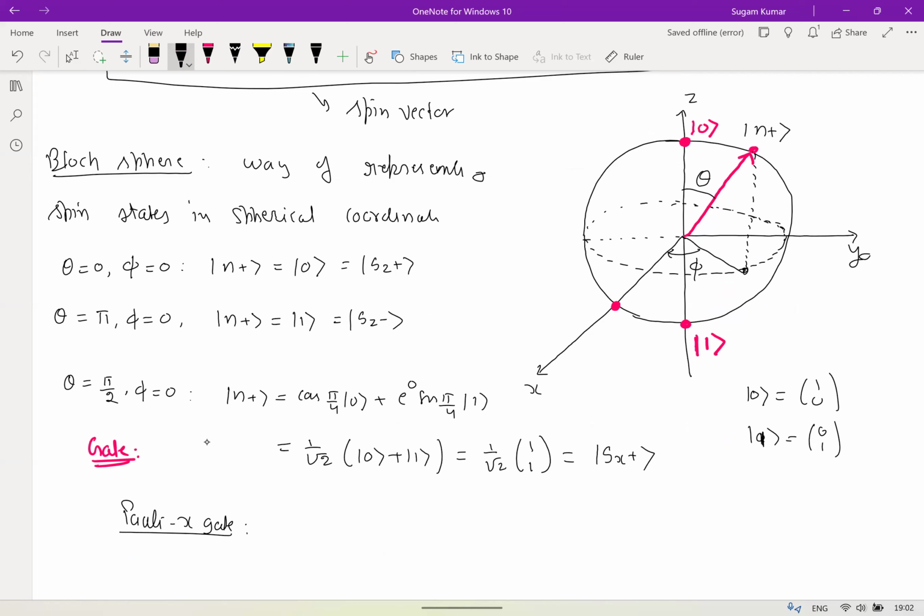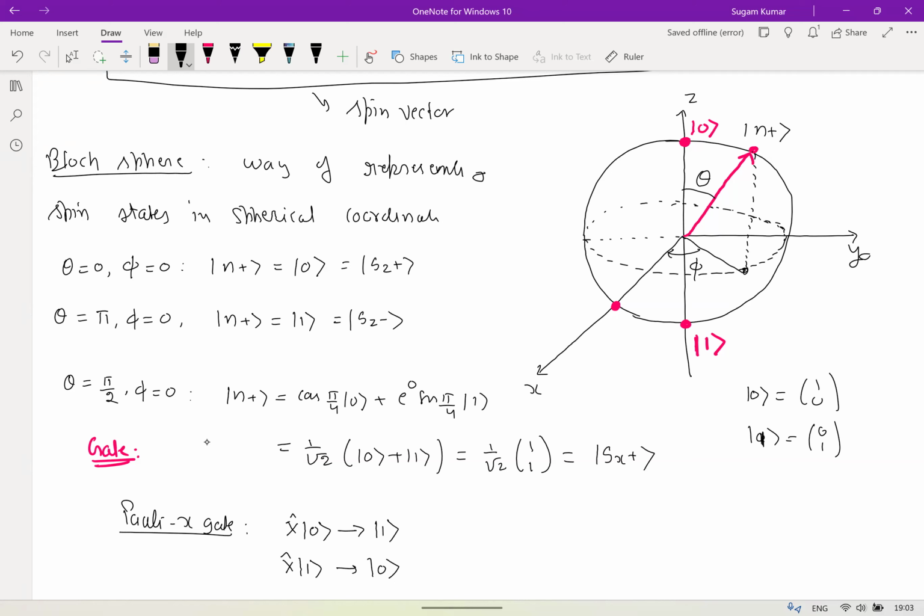When you operate the Pauli X gate on 0, it's going to make it 1. Or when the Pauli X gate operates on 1, it's going to make it 0. So technically, what is the Pauli X gate doing? It is rotating this spin vector.